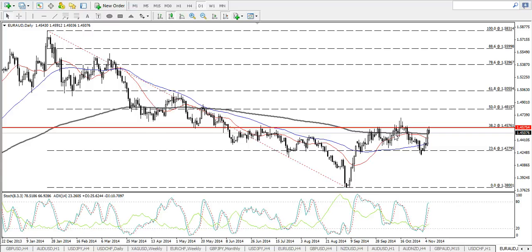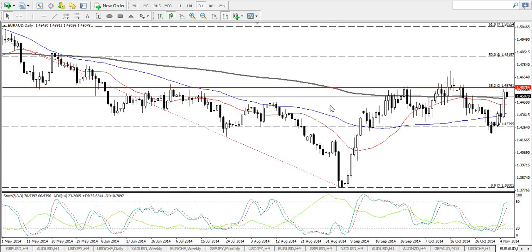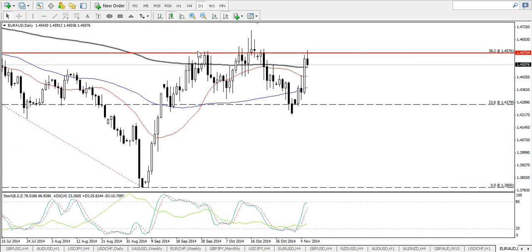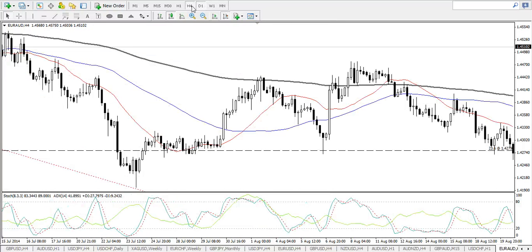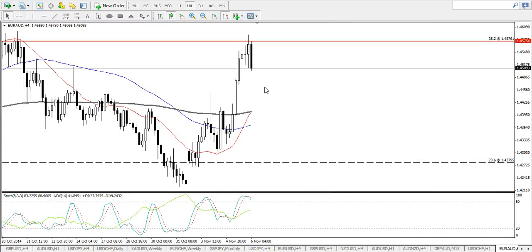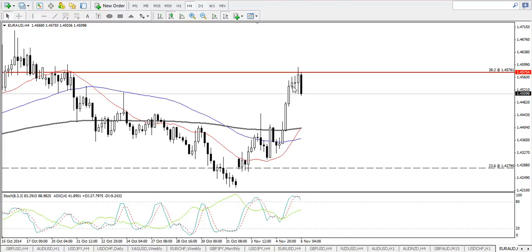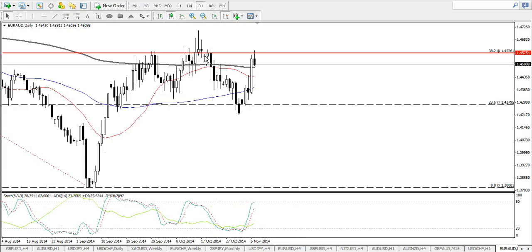If we take a closer look, we see that price has been resisted at this level since September itself. And we can see that price is about to fall from this level. So this might be a good chance to go short on the euro against the Australian dollar.